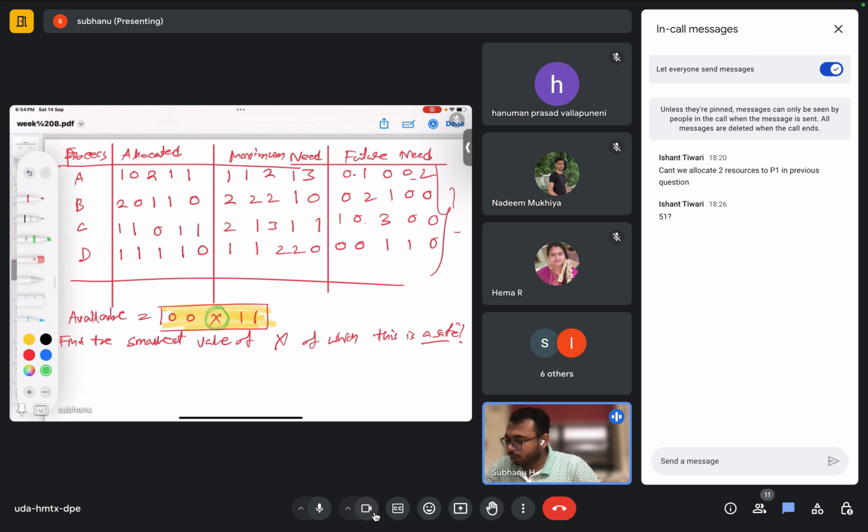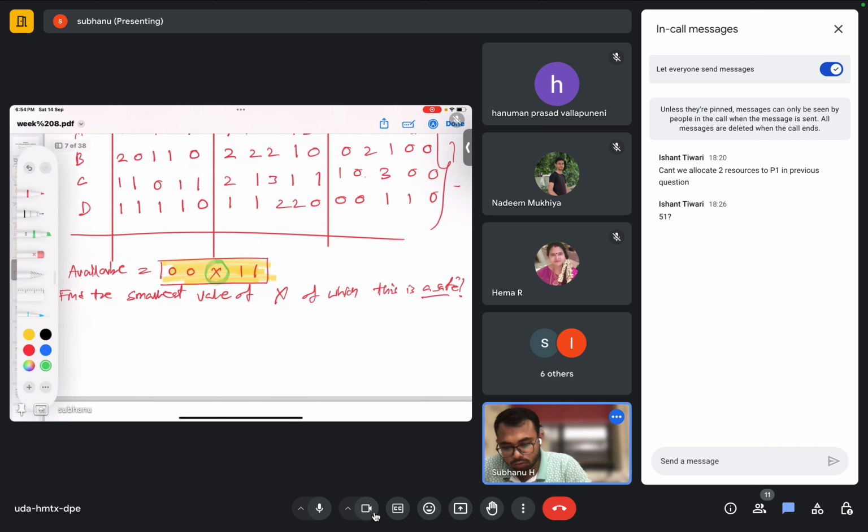So how will we approach that? A necessary condition to avoid deadlock is that at least one need should be satisfied by the available resources. So we'll put at least x is equal to 1.